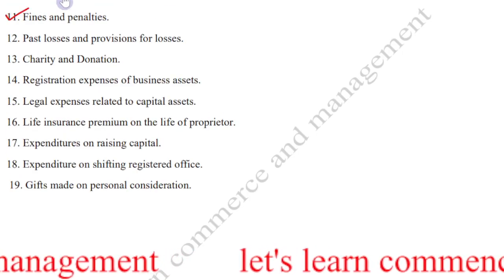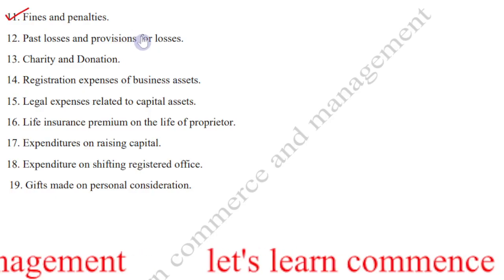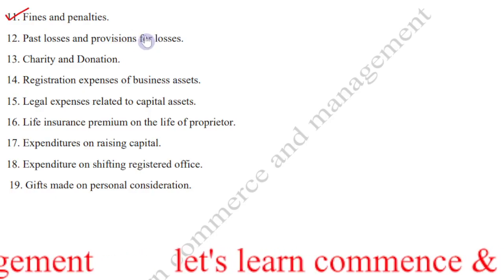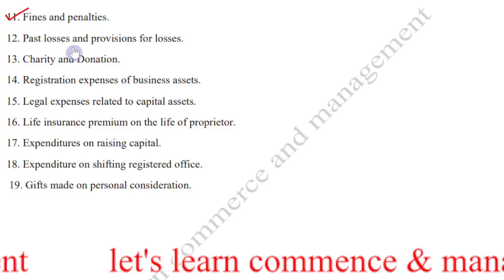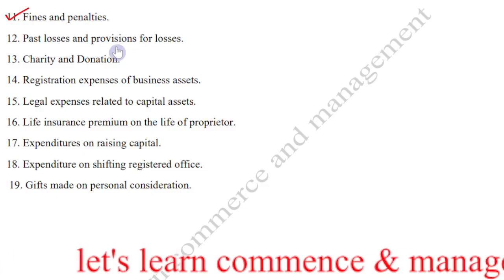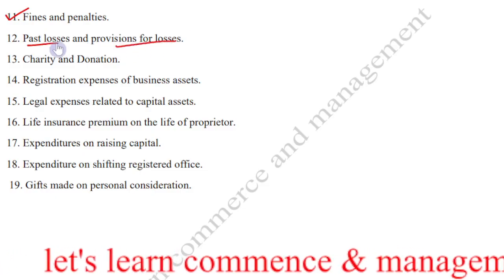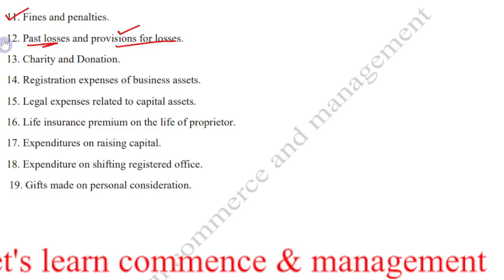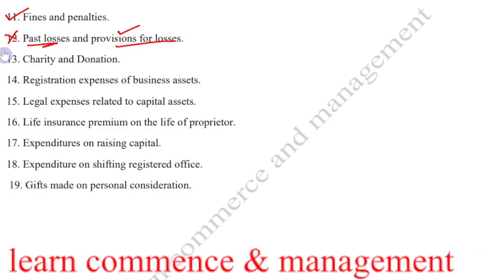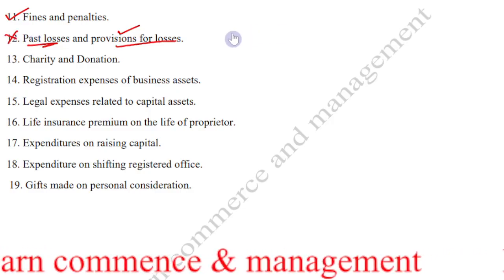Any fines and penalties paid, it is not an admissible expense. It is not allowed as deduction. Past losses and provisions for loss. Any loss occurred earlier and if you are making any provisions for the same, then it is not an admissible expense. No deduction will be allowed.